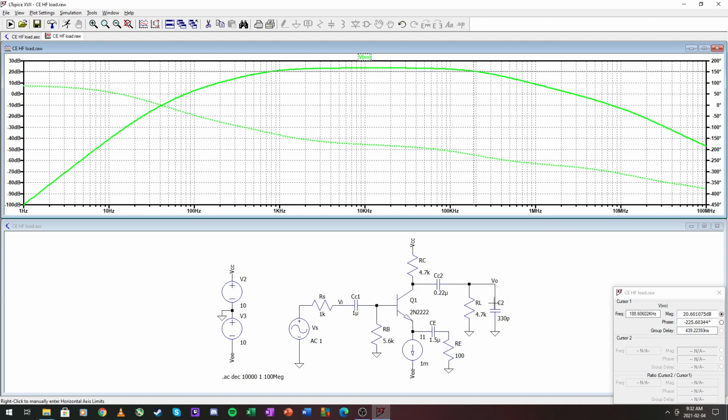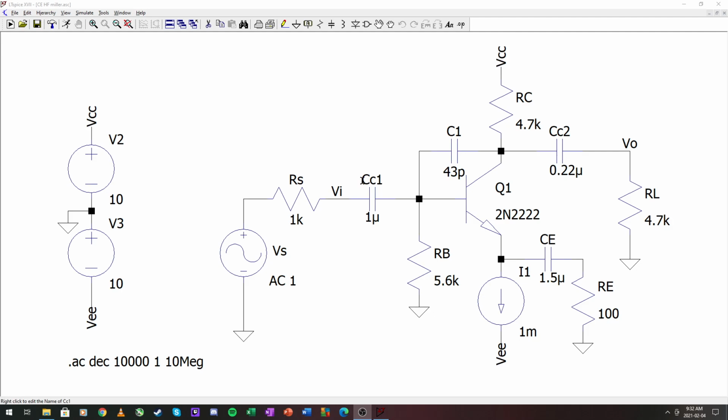So the thing that I wanted you to notice is that this 350 picofarads is much greater than the 43 picofarads that we're going to add as a Miller cap. But let's go to that simulation. So our Miller cap is much smaller than a load capacitor.